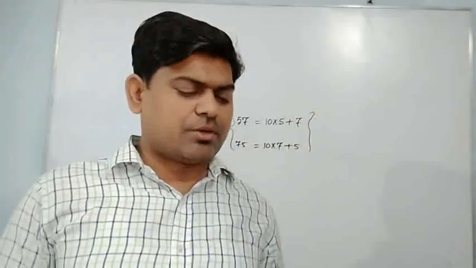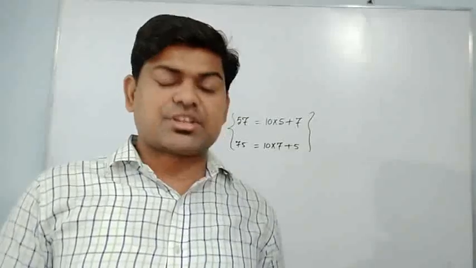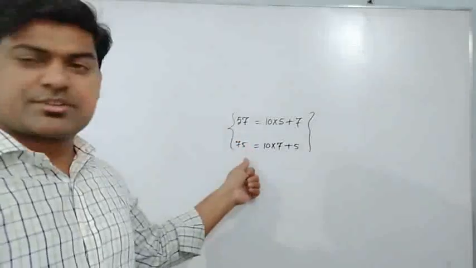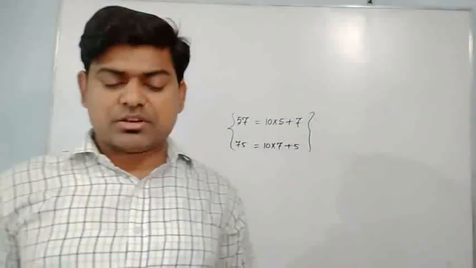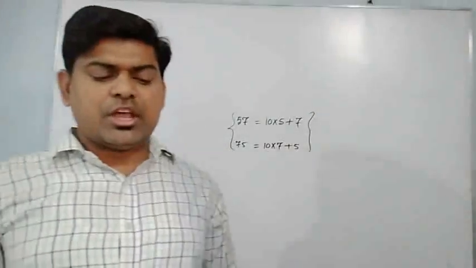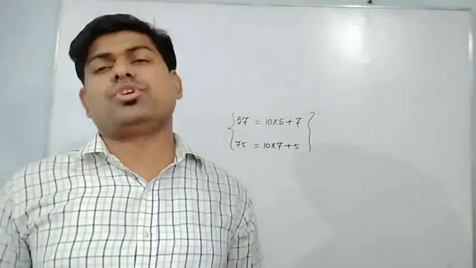Then it is written that the number with the order of the digits reversed, as 57 can be written as 75, is 28 greater than twice the unit digit of the original number.